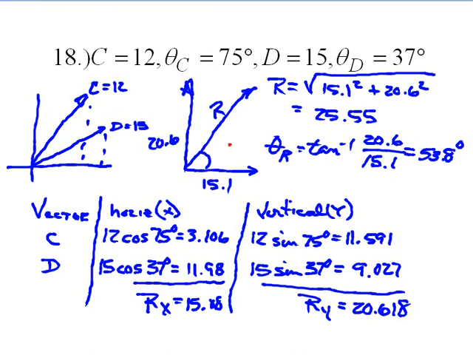So our answer is 53.8 degrees, and R is 25.55. This little chart is going to take a little bit of time to make, but it does make your life simpler.